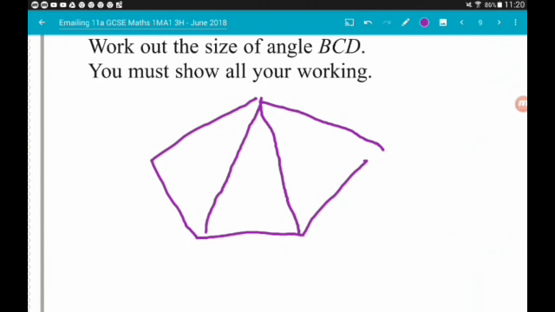So what we've done inside of this pentagon, we've created 3 triangles. Now we know angles inside a triangle add up to 180.